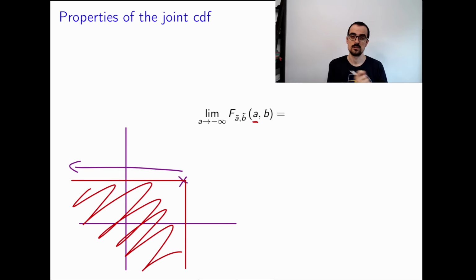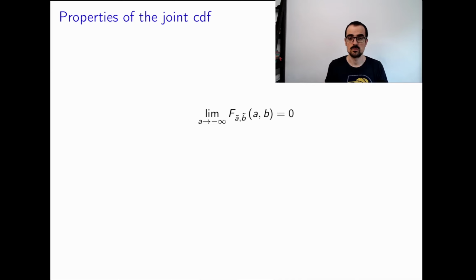For the univariate CDF, we saw that F of minus infinity was equal to 0, because if you fix the random variable and make the point arbitrarily small, eventually the probability that you are smaller than that has to be 0. So here, same thing. If we fix the random vector and ask what's the probability that the first coordinate is smaller than an arbitrarily small number, eventually that's just going to be 0. Same thing for the second coordinate, of course.